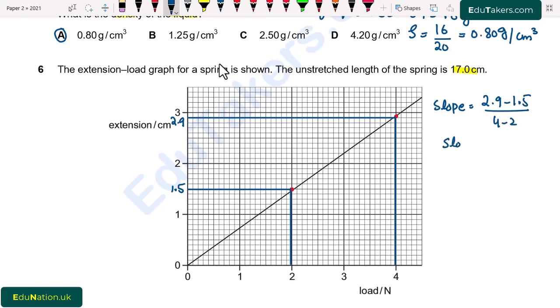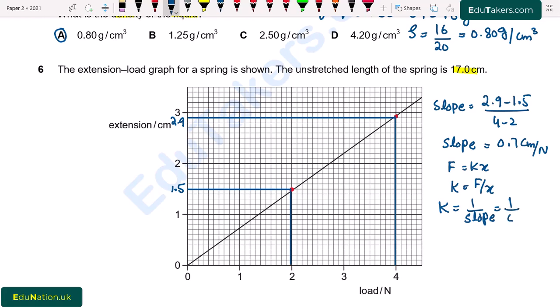So slope will be equal to 0.7. The unit will be centimeter over Newton. Next, according to Hooke's law, F is equal to kx and k is equal to F over x. From the slope, we can see that we have found the value of x over F. So in order to find out the value of k, I write it will be equal to 1 over slope.